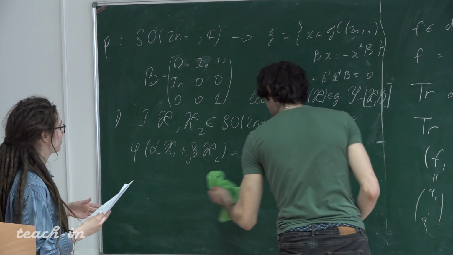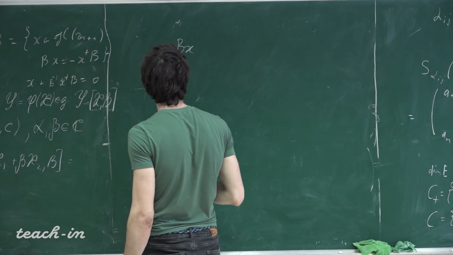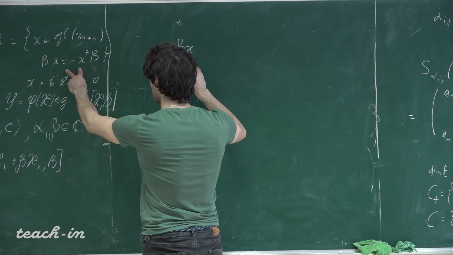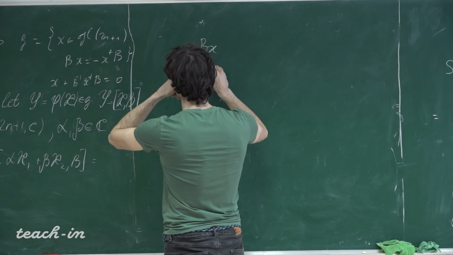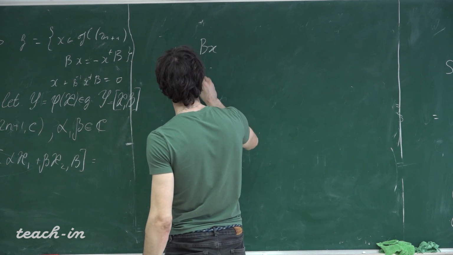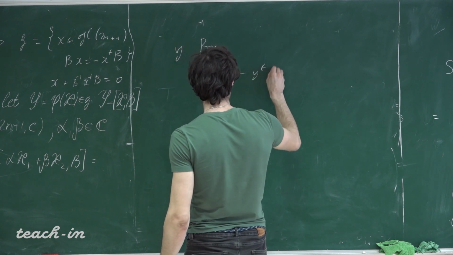Just check the example. If you take bx, for y you would like to have this. So I need to check that by is negative y transpose b.